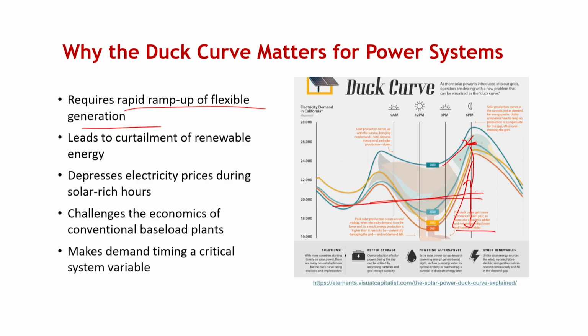If the minimum you need to generate is this much, then the excess generation of renewable energy, which is bound to happen during this period, you may have to cut off. You may not be able to generate this energy from renewable sources during this period of the day, because you don't want your primary system, which is supplying you energy throughout the rest of the day, to get tripped. So you may need to cut on the renewable energy generation.